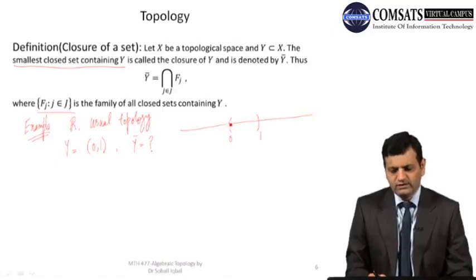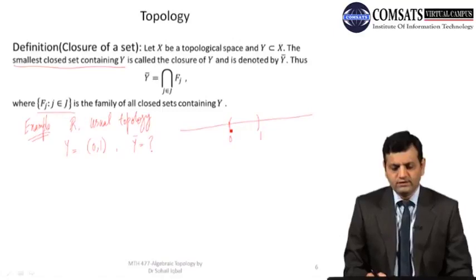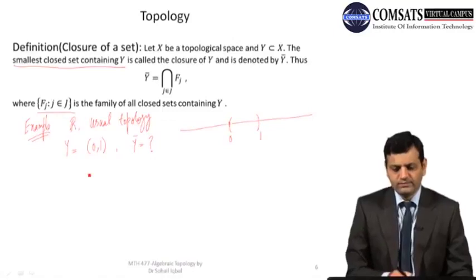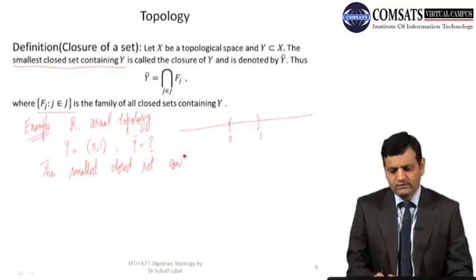So what is the smallest closed set containing (0, 1)? We have already seen that the closed sets are unions of closed intervals. So what is the smallest closed interval containing this open interval (0, 1)? Of course, the smallest closed set containing (0, 1) is [0, 1].